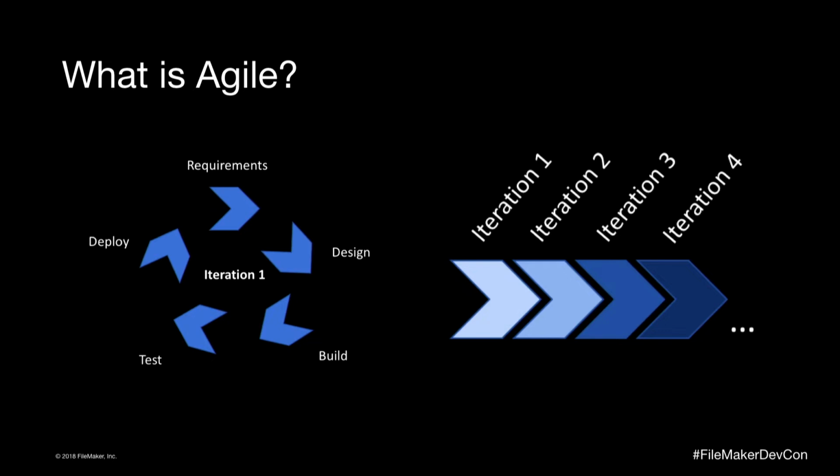And you may be in one module where you are gathering the requirements, doing your design, doing your build, while on another module you might be building, and another module you might be at the first stage of requirements. So you're iterating through those 5 different stages, but in different modules.